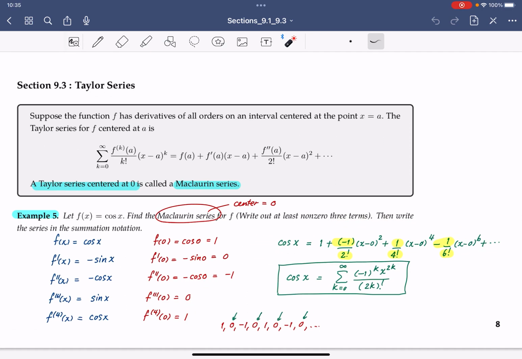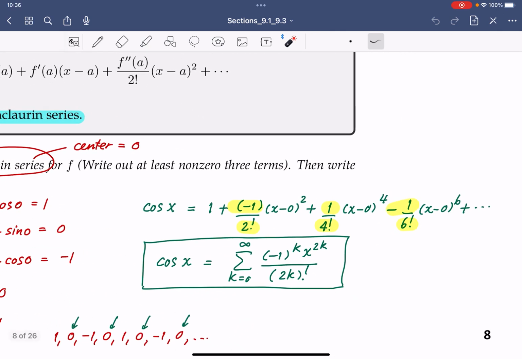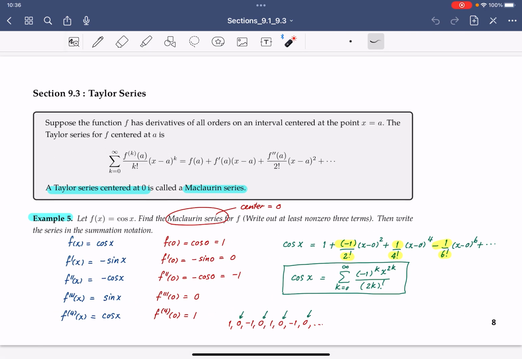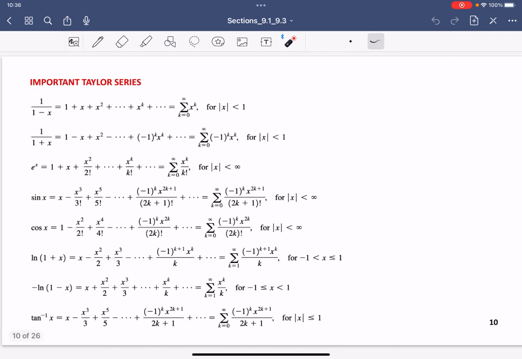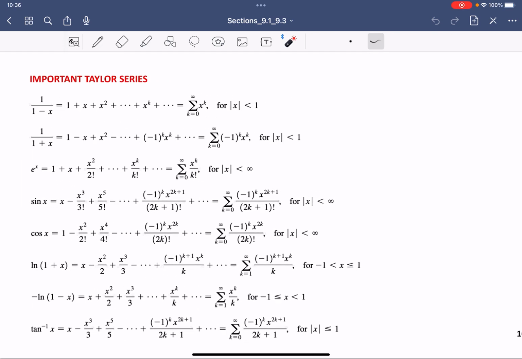So this is very important, because for the cosine function, we can use a Taylor series and expand it in terms of polynomials. So you can see that cosine x is going to be just 1 minus 1 half times x squared, and so on.